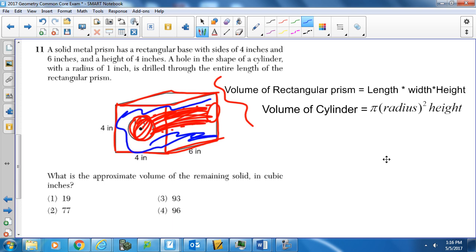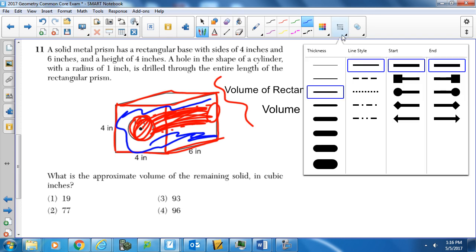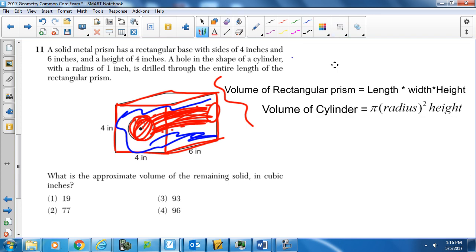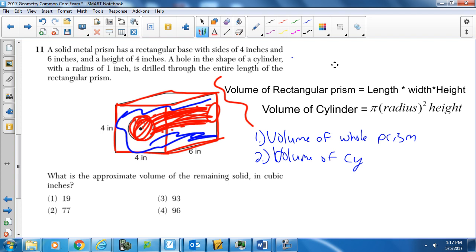So what we need to do is find the volume of the whole thing, the volume of the whole prism, and then find the volume of the cylinder, and then subtract the volume of the cylinder from the volume of the whole prism.